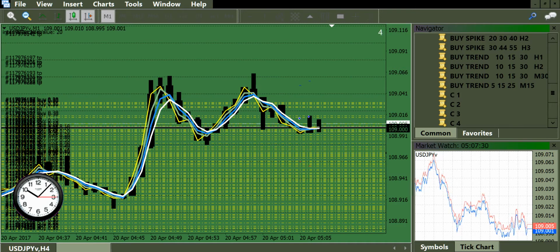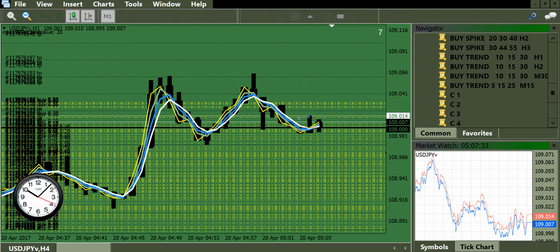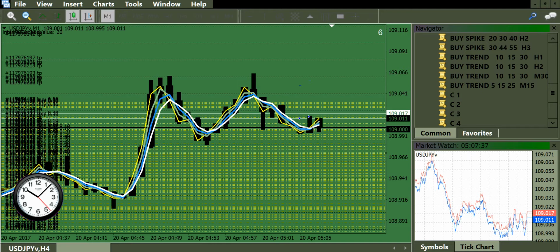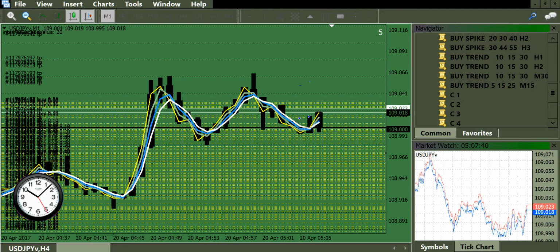Okay, robot's still short technically. Until this closes the 1 minute, we don't have a confirmed crossover. We have to wait, looks like 30 seconds.